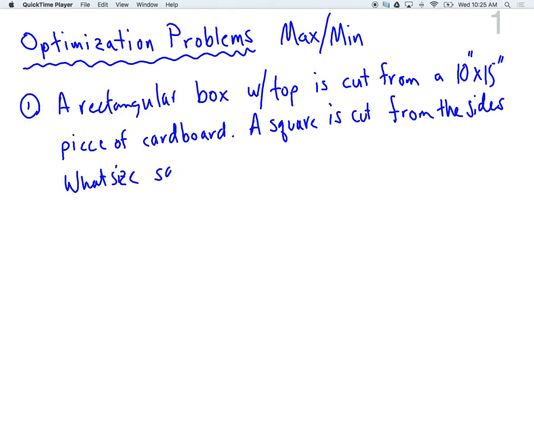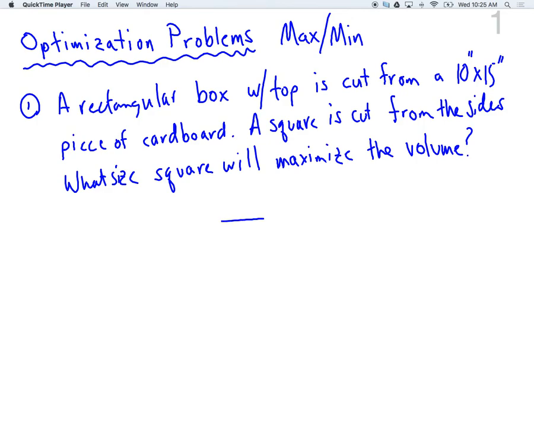What size square will maximize the volume? Unfortunately, these problems aren't as algorithmic as the related rates problems. But you will see as you do more of them, you'll start to fall into a pattern.